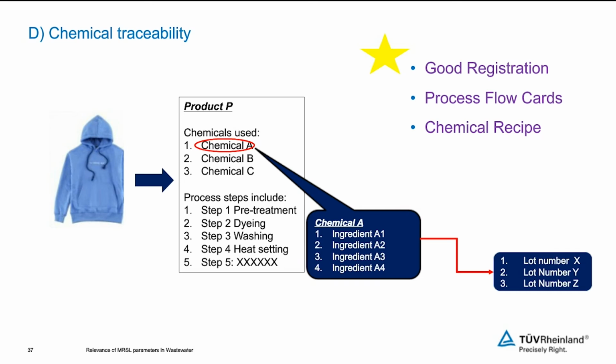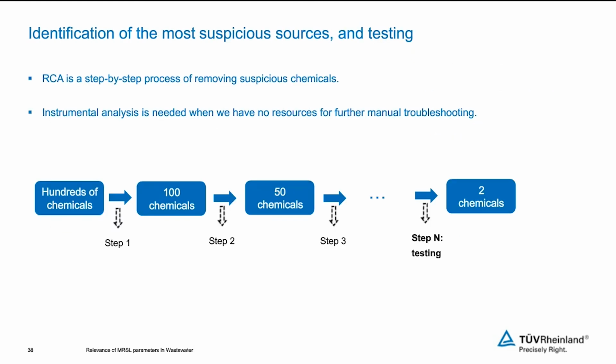A good practice is to have an ERP system to record each chemical usage in each order. RCA is a step-by-step process of narrowing down the range of suspected chemicals. We cannot identify hazardous chemicals with our own eyes. Instrumental analysis will be needed to address and confirm the problem.